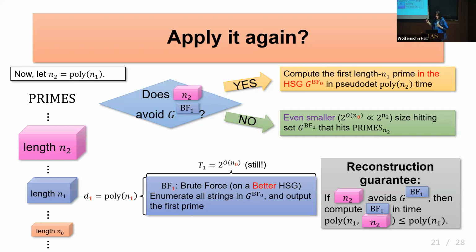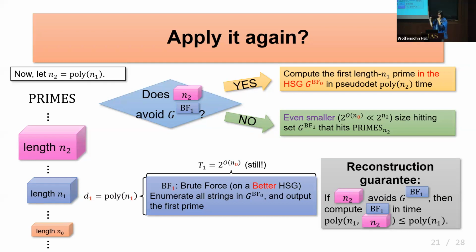What is BF0? We understood, it's just really brute force. You try all the strings and you apply AKS, that's an exponential time. What BF1 does: from BF0, we can compute the Cantor generator based on BF0, which gives you a subexponential size set of length N1 strings. BF1 is just, you first compute this set of length N1 strings, and then apply AKS on each of these strings, and finally find the first prime in these strings.